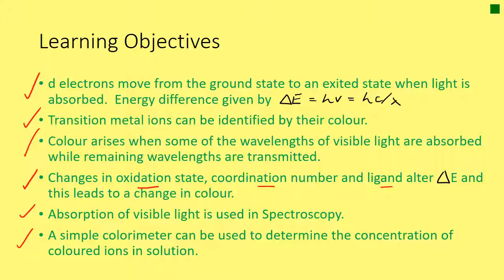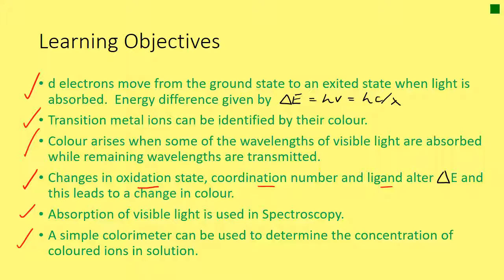We also know that change in colour results from altered energy gaps, and the energy gap is altered by three factors, one of which is the oxidation state of the complex, another which is the coordination number, the number of ligands attached to the metal ion, and the third one is the actual ligand that is involved. So those three factors change the energy gap between the 3d orbitals and hence change the colour, and that's what's used to identify the metal ions.